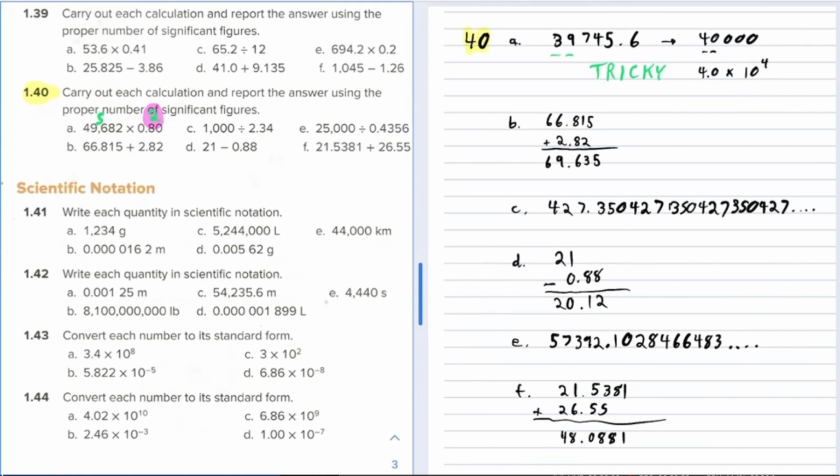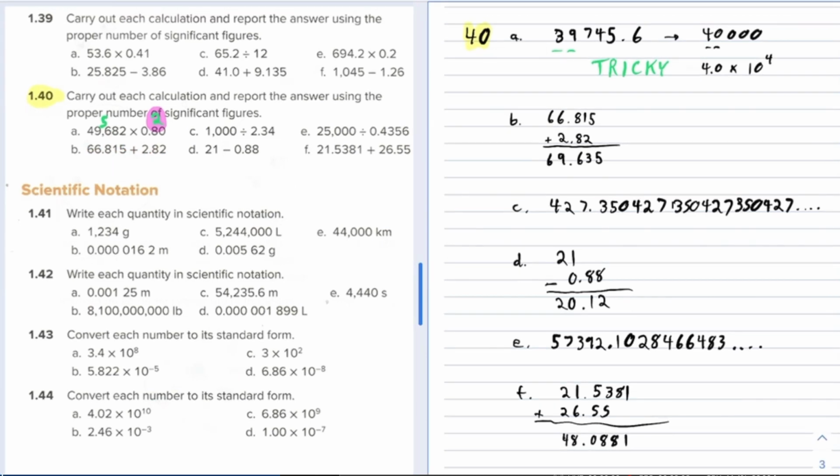Okay, part B. This calculation is simple enough to enter in the calculator, and so if you enter it in, 66.815 plus 2.82, that's what the calculator gives you. Okay, but where do we round this? Now, the addition subtraction rule is a little bit different than the multiplication division rule.